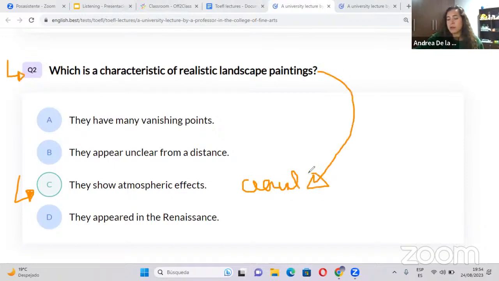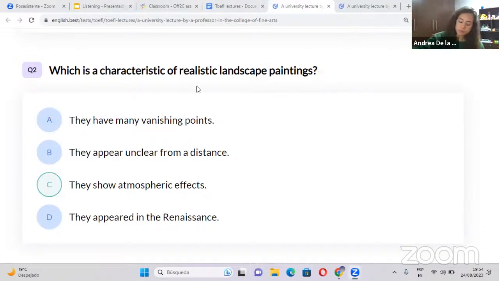Obviously, we're not 100% sure, but if you had to guess, then try to guess according to the order of the information. It's very unlikely that this was about vanishing points or the Renaissance art. To me, this is the most likely to be the one. Then you have this option as the second, and the other ones are not likely to be correct. Okay, so yes, that's a great question.